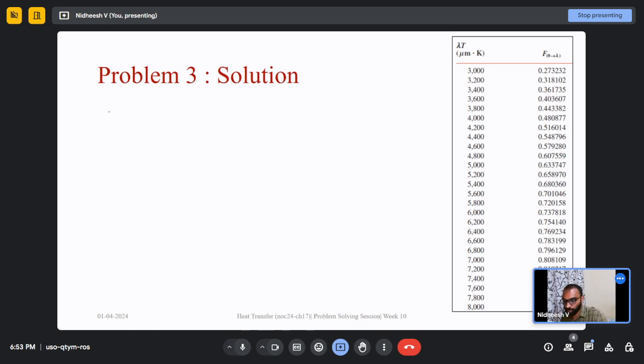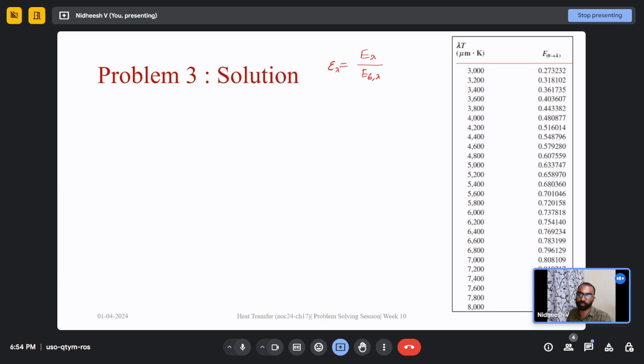How can we find this total emissivity? First, how is emissivity defined? Emissivity for a given wavelength is defined as the emissive power corresponding to that wavelength divided by the emissive power of a black body for that wavelength, right?